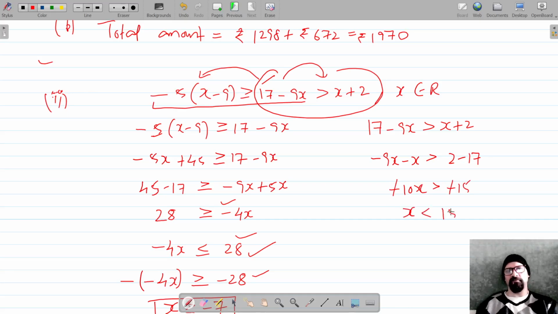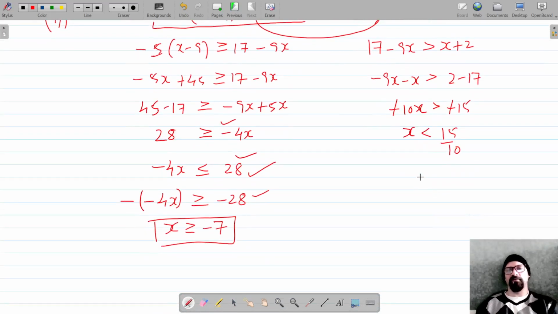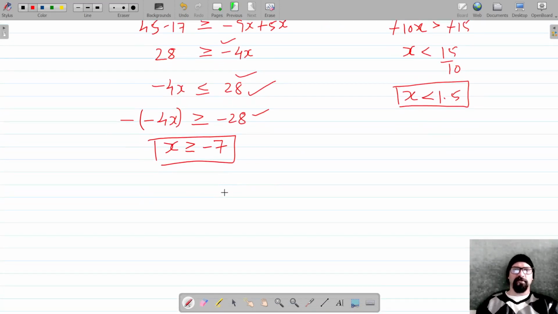It's now x less than 15 by 10. So x is less than 1.5. So that means our solution set is x is greater than or equal to negative 7, because negative 7 is included due to the equal to sign, but less than 1.5. So this is our solution set.